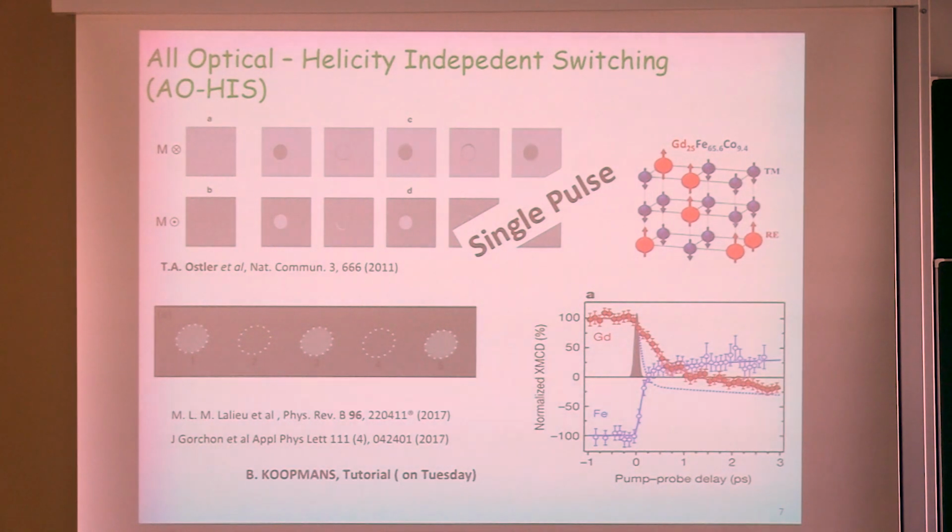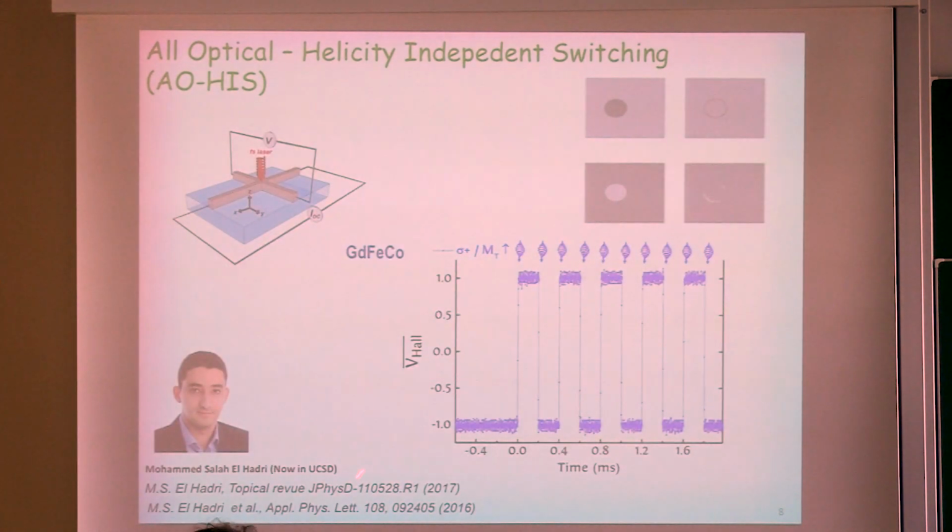It can also be some materials which are not showing this all-optical helicity-independent switching, but you put some gadolinium on top and then you see it. Okay. And what we have done in this field, and the only result that I'm going to show here, is that, as was also shown by other groups, you can measure this switching just using a Hall bar. And this can be done 10,000 times. It's a very robust effect.